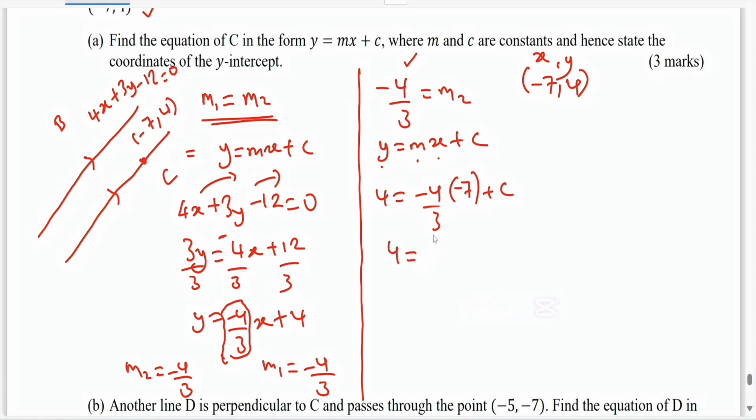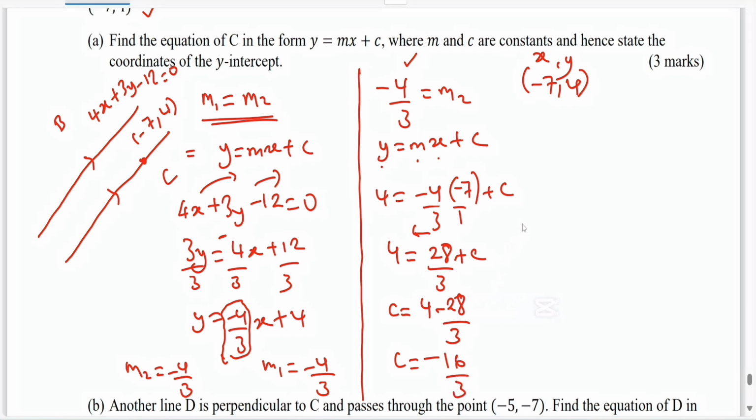So 4 equal to minus 4 over 3 times minus 7 is positive 28 over 3 plus c. So c yetu itakuwa 4 minus, kwa vile itaenda the other side, itakuwa minus 28 over 3. So c yetu ni 4 minus 28 over 3, which is just minus 16 over 3.